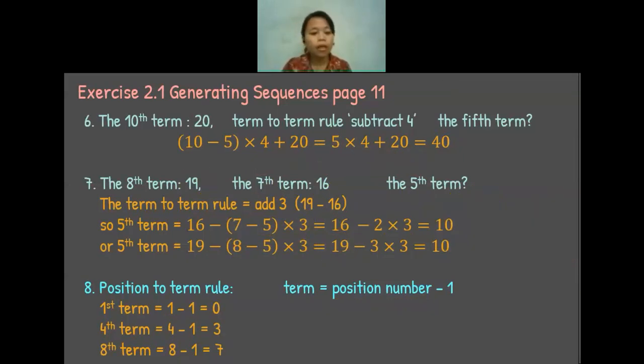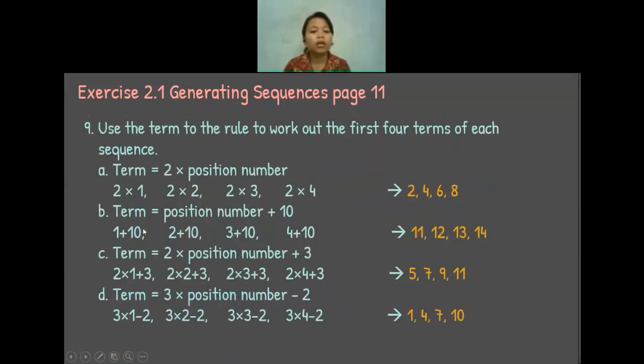Okay. For question 9, yeah. Use the first four terms. You have to use the position to term rule to work out the first four terms. Here, we already have the position to term rule: 2 times position number plus 10, and so on.